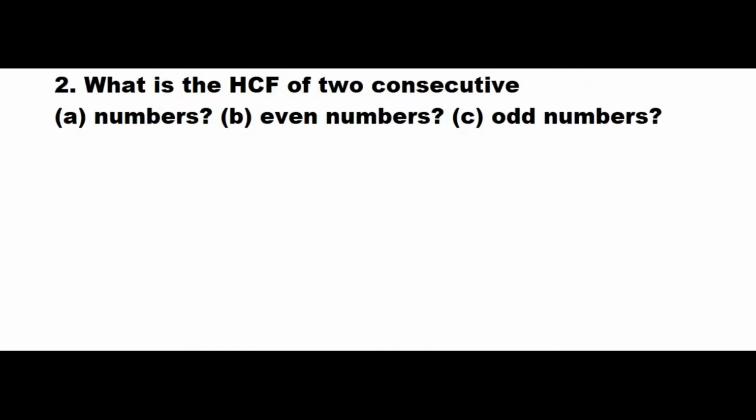In the previous session we completed HCF of given numbers. They gave some numbers to us, and for those numbers we found the HCF. And now what they are asking is, what is the HCF of two consecutive numbers, two consecutive even numbers, and at the same time two consecutive odd numbers.